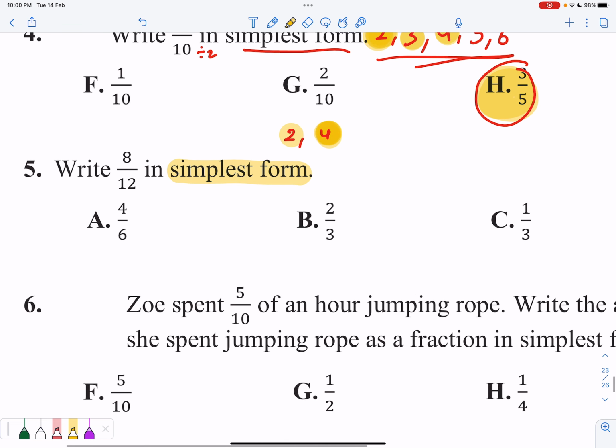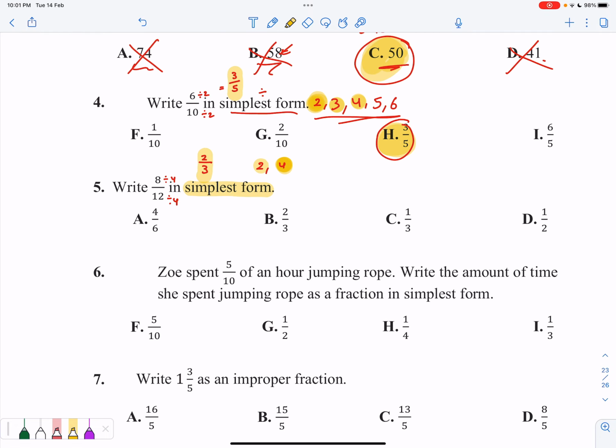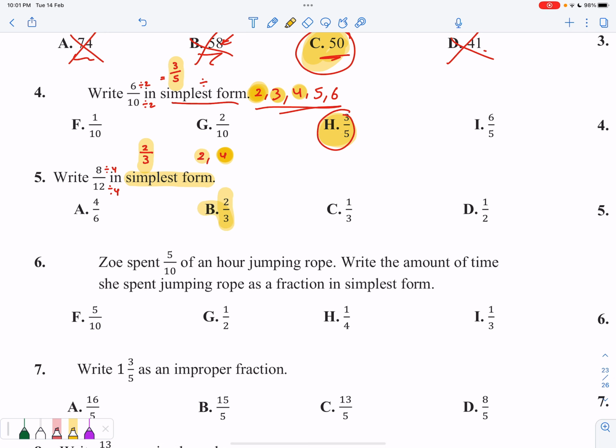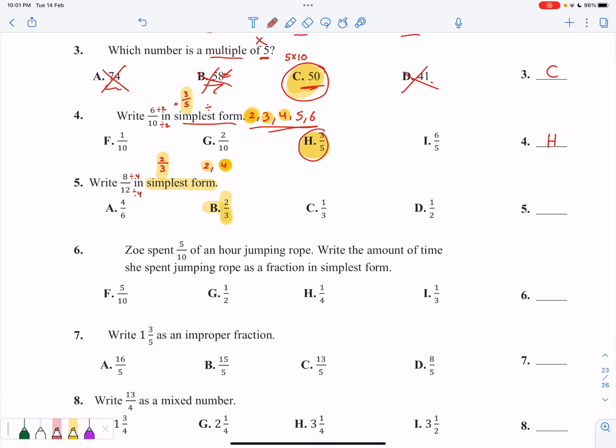Okay? So here I will divide numerator and denominator over 4. So 8 divided by 4, that is of course 2, over 12 divided by 4, that is equal to 3. So 2 over 3 is the simplest form, which is answer B. So B is the correct answer.